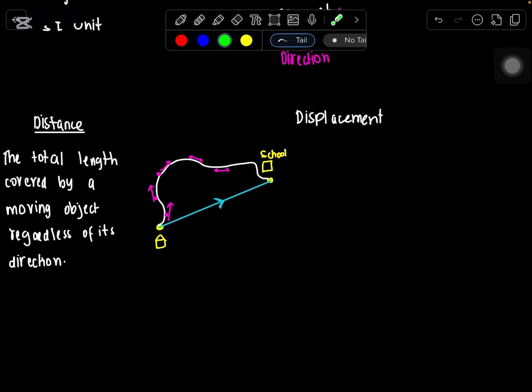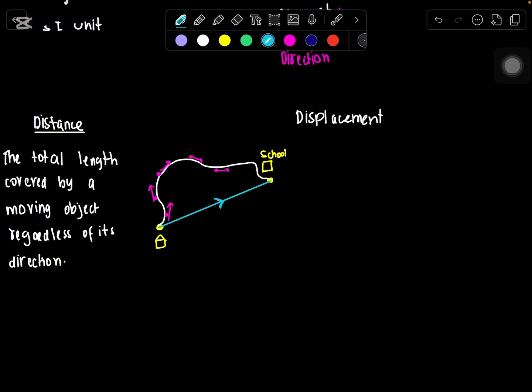So your house was the start position, and the school is the ending point of your journey. So we could say that displacement is the shortest length from your start point to the end point in a straight line. Being in a straight line is helpful because it can tell you a single direction.